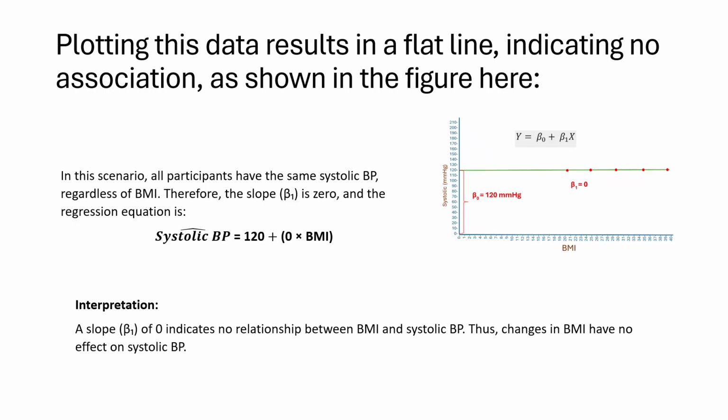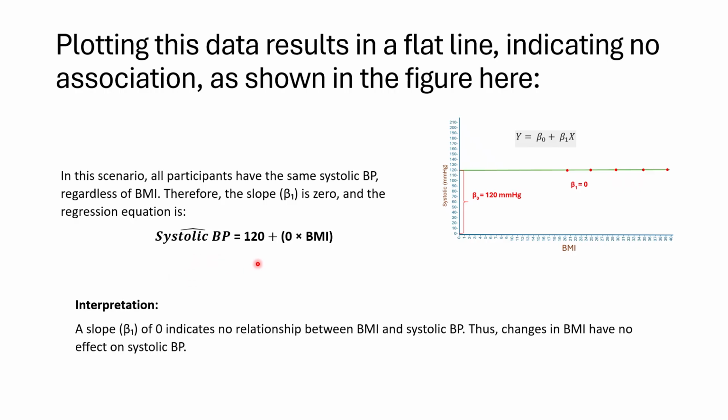And if we use all the values which we saw in our graph, we'll see that in this scenario, all participants have the same systolic blood pressure regardless of BMI. Therefore, the slope beta 1 is 0, and the regression equation looks something like this.